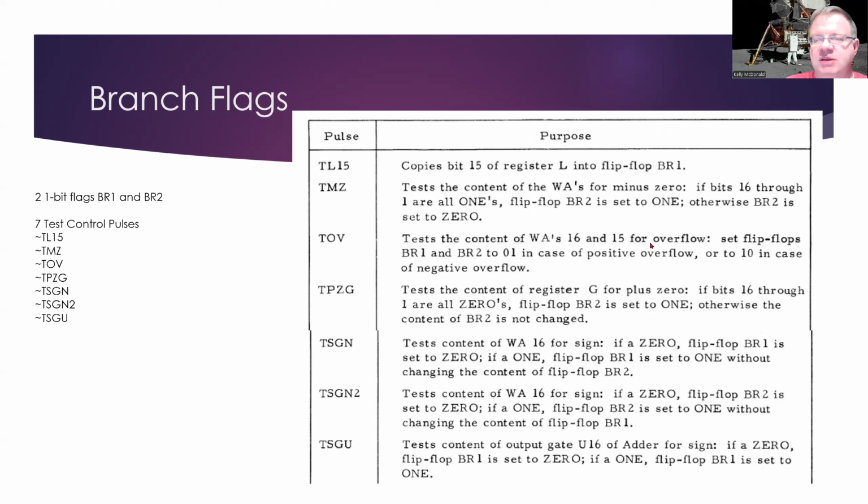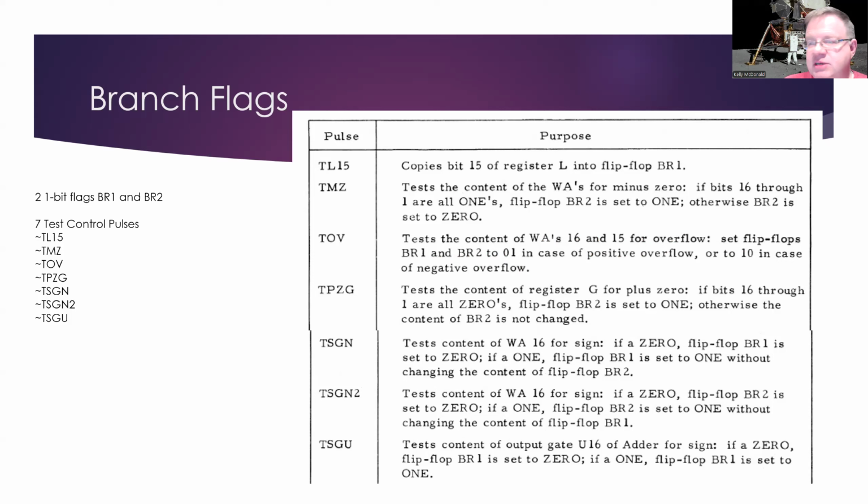If it's a positive overflow, we will set BR1 and BR2 to 0, 1, or 1, 0 if it's a negative overflow. And basically that will look at the contents of the right lines bits 15 and 16 to determine whether or not we have a negative overflow or positive overflow.